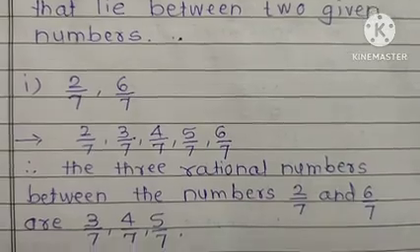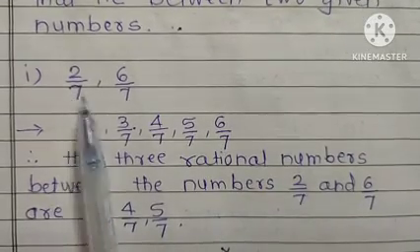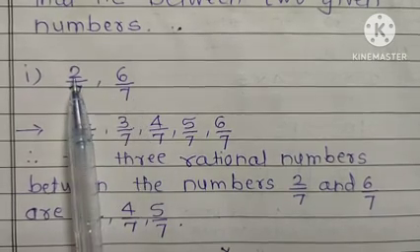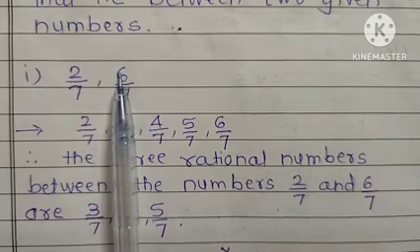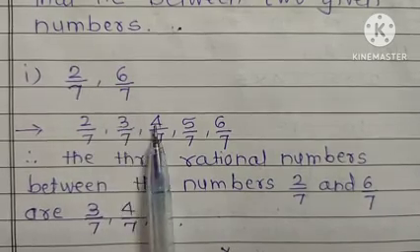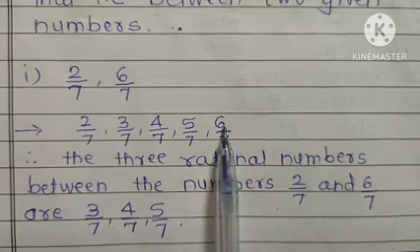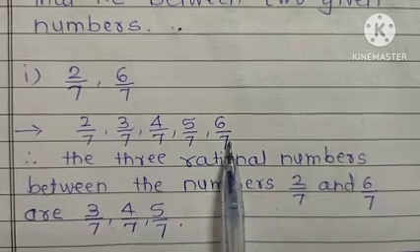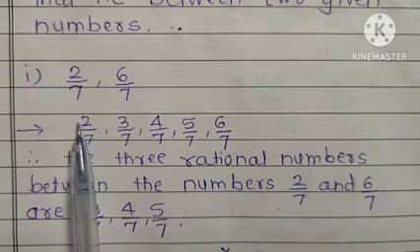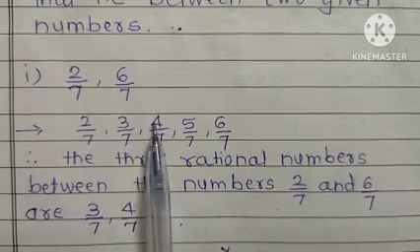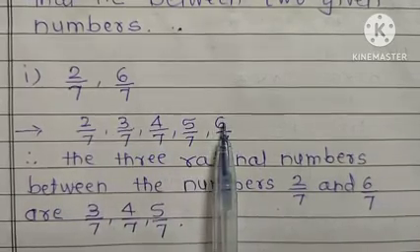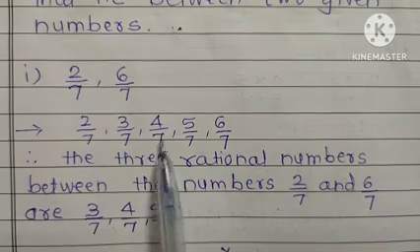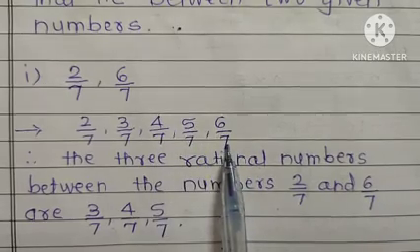Okay, now here if denominators are similar, then from 2 to 6 you go on writing numbers. Every time the denominator should be 7, remember. So 2, then 3, then 4, 5 and 6. That means 2 by 7, 3 by 7, 4 by 7, 5 by 7, 6 by 7.